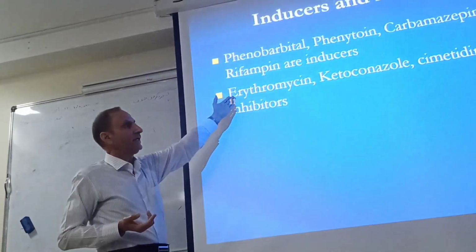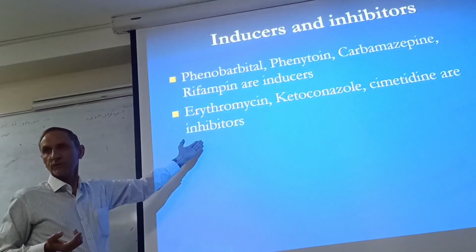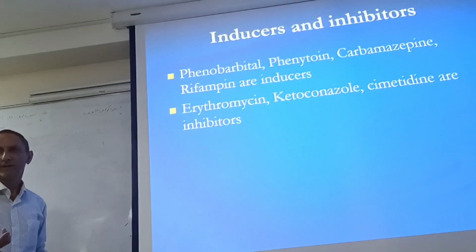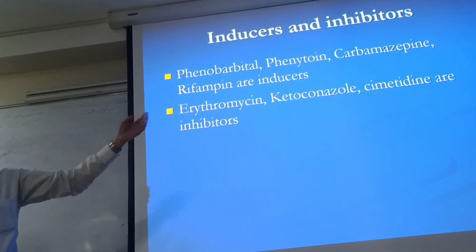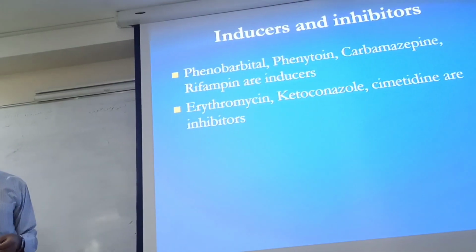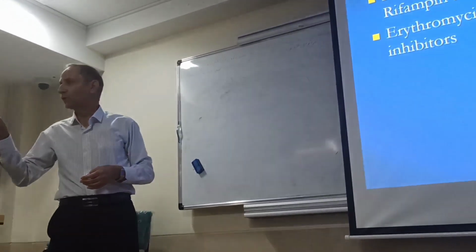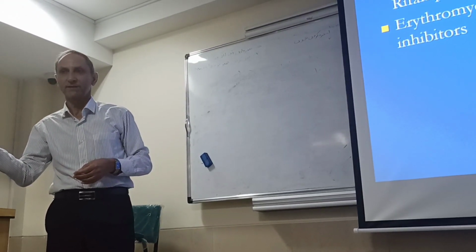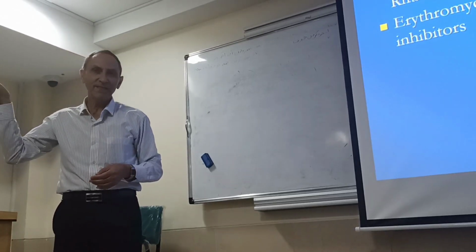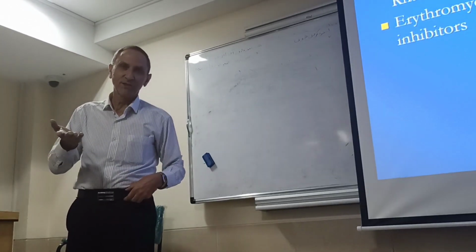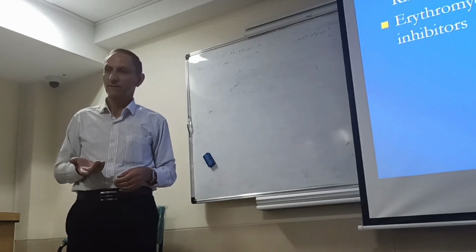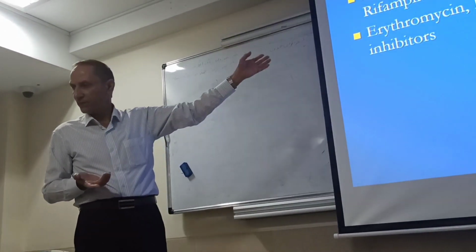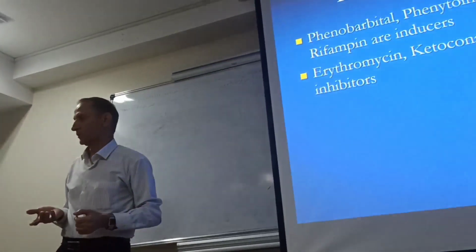We have also inhibitors of cytochromes. These are some examples: erythromycin, ketoconazole, cimetidine. They inhibit cytochromes, so they inhibit metabolism of other drugs and increase blood concentration of these drugs. So we have inducers and inhibitors for cytochromes.